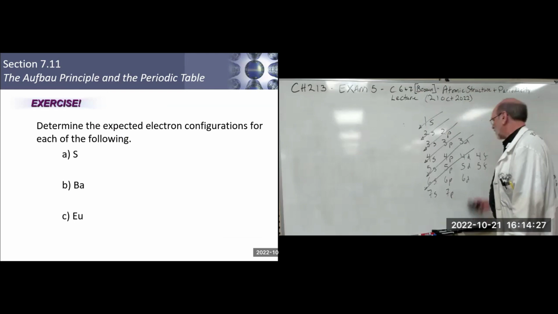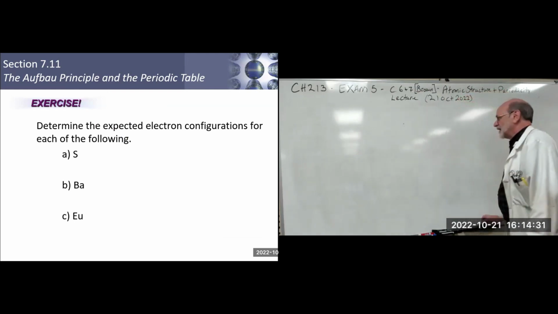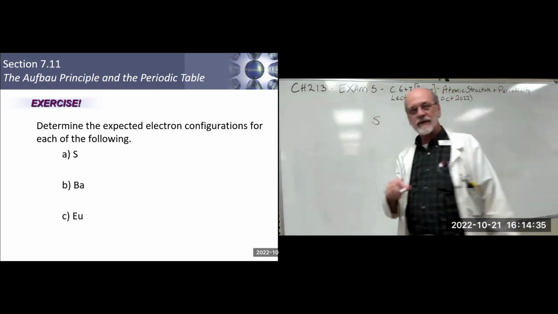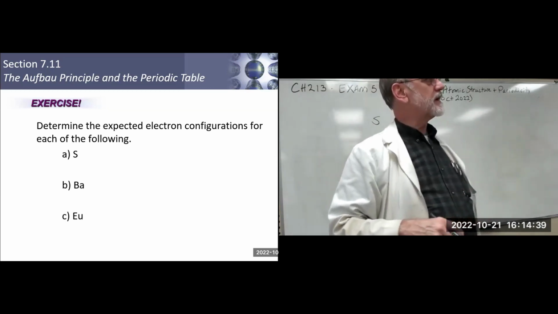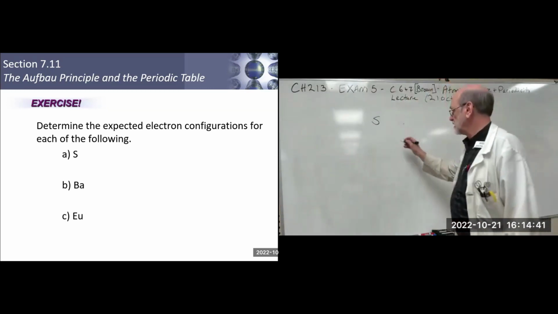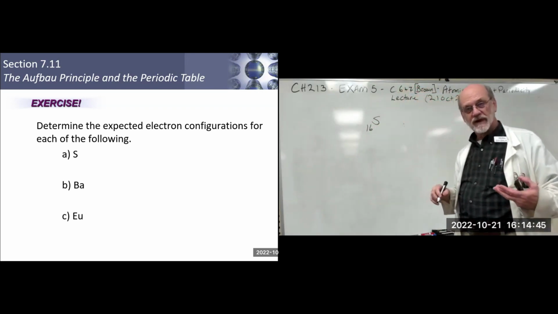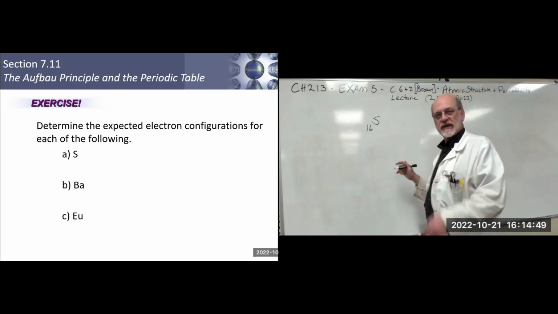So let's take an example. Let's take sulfur. How many electrons? Well, let's see how many protons first. Sulfur has 16. That means 16 electrons. Let's write out an empty electronic structure and then fill in the electrons.